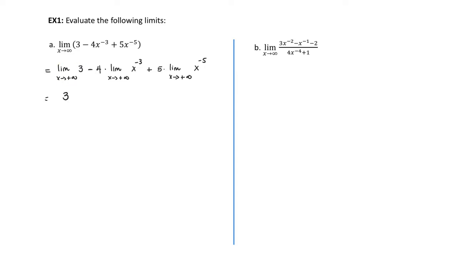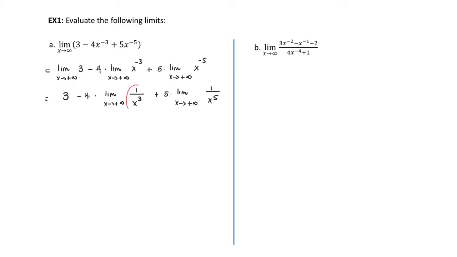That is just equal to 3. For this other limit, I'm going to rewrite the power function as 1 over x to the third. I will turn the exponent positive. And here, same thing: 5 times the limit as x approaches positive infinity of 1 over x to the 5th. Now, I am going to use my knowledge of limits at infinity of power functions.